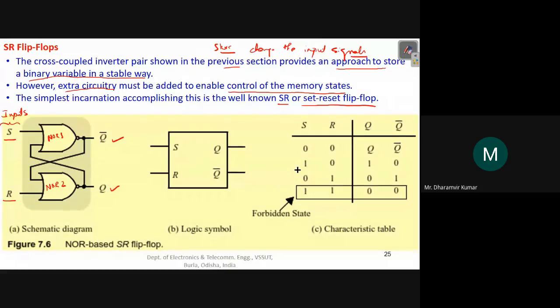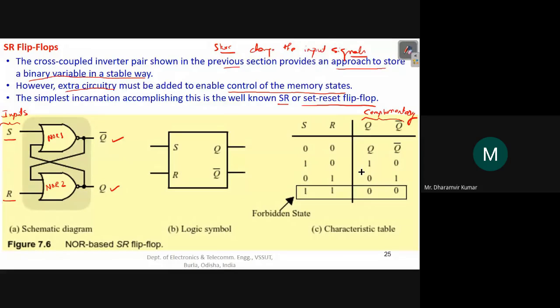There are some points regarding this that you may be aware of already, but we want the outputs to be complementary in nature, that is, Q and Q bar should be complementary to each other. This thing is required.